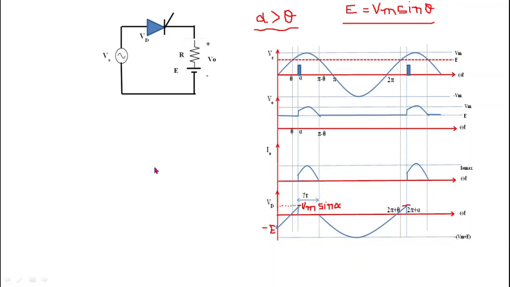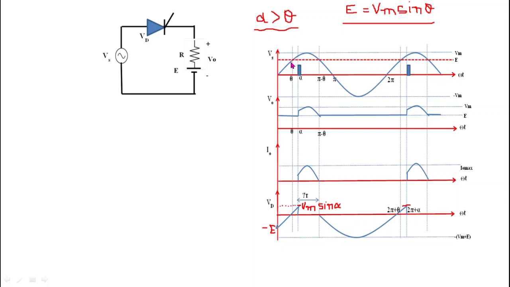Before starting the circuit operation, I want to tell you two important things. First, the waveform of EMF E and the waveform of source voltage Vs intersect at this point, and this point is theta. So what is theta?